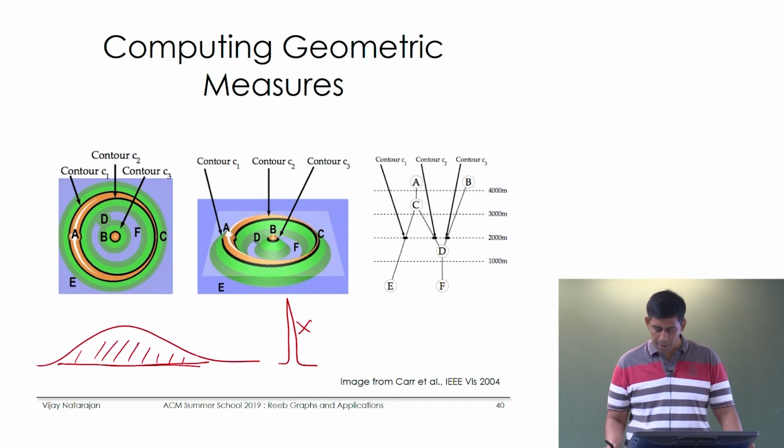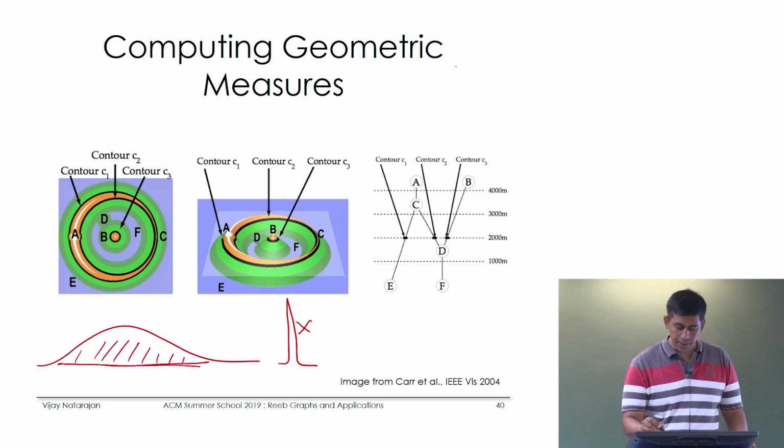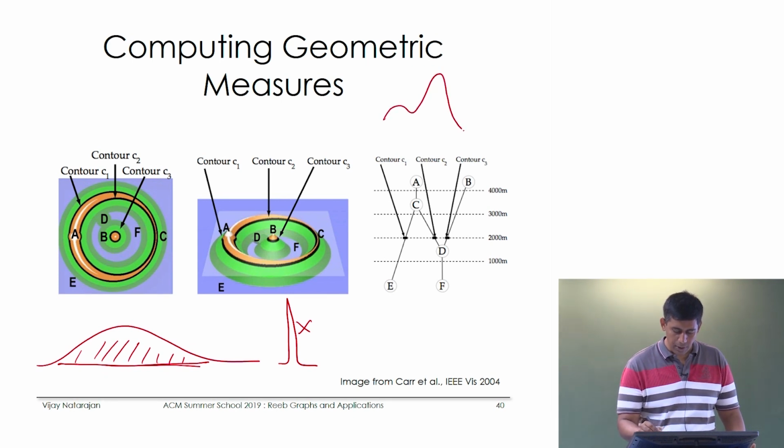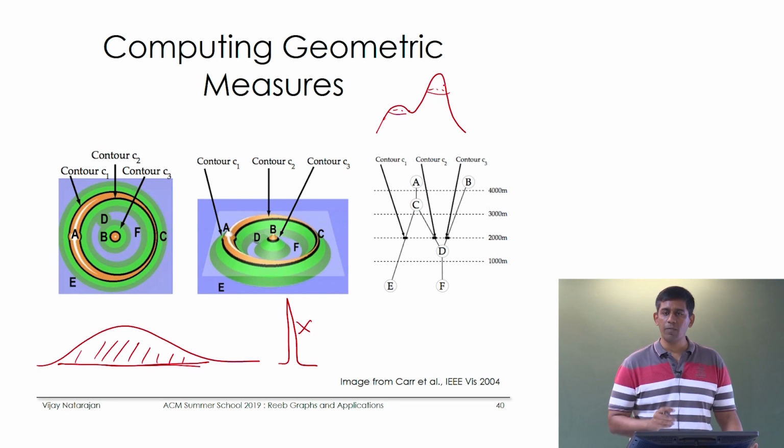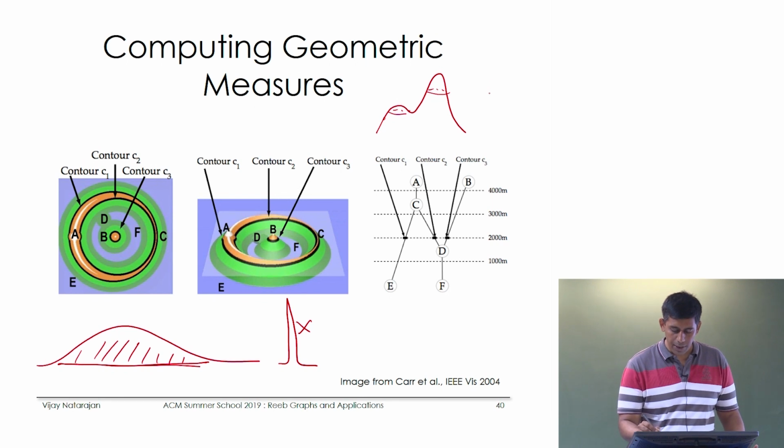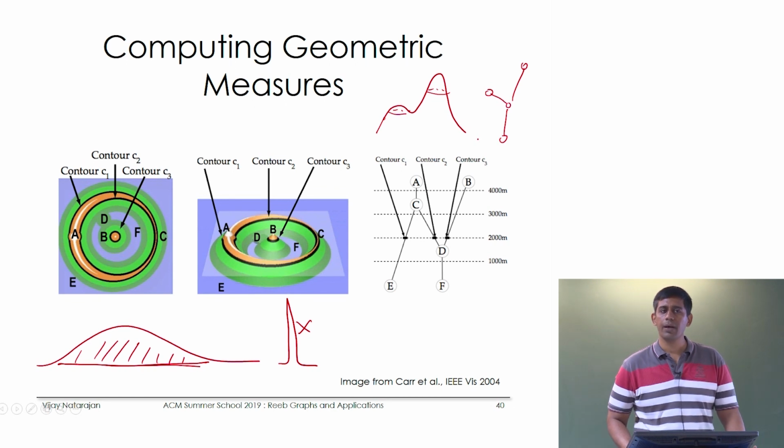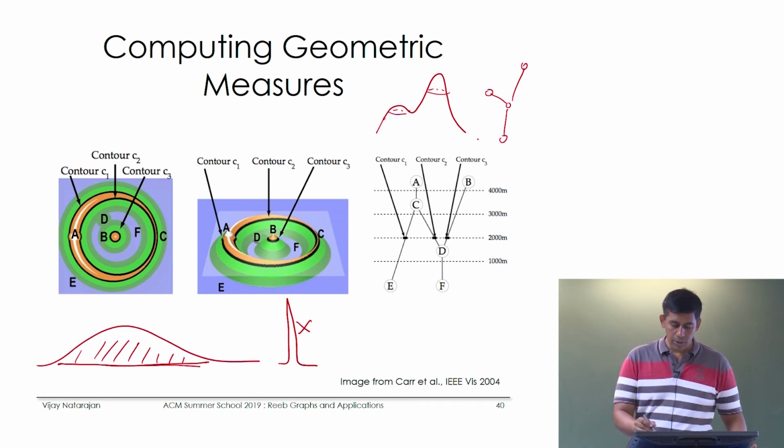This example may be complicated, but let us take a simple one. You can look at the complicated example later when you see the slide, but a simple example is the same as what we saw earlier. How do I compute the volume enclosed by each topological feature? I know that the contour tree looks like this. The key is to start from the leaves and sweep inwards.